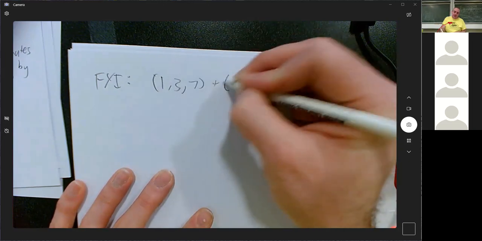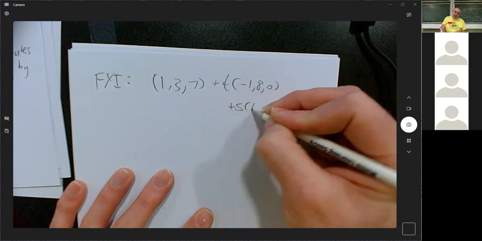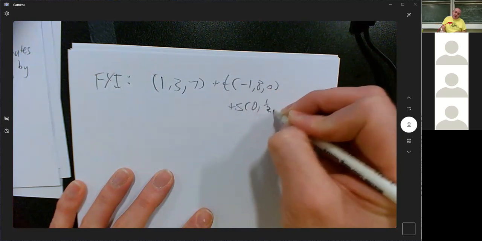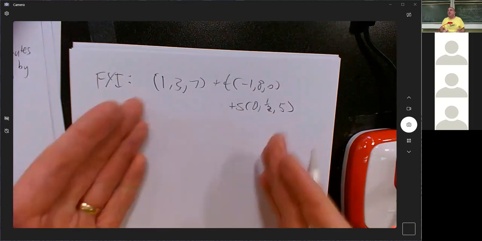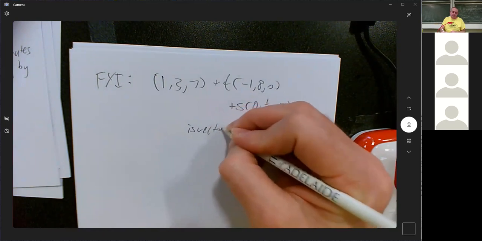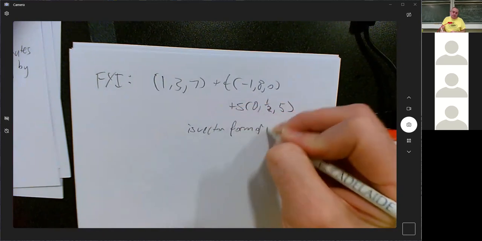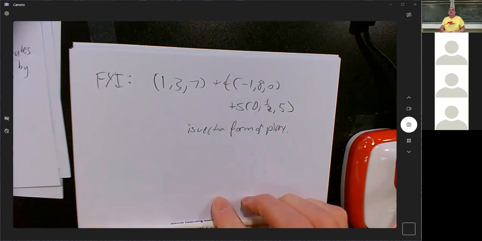137 plus t times minus 180 plus s times 0.5, 5, that would be a plane. That's the vector form of a plane. Because a plane's a 2-dimensional object, it needs 2 directions to tell you where everything is.